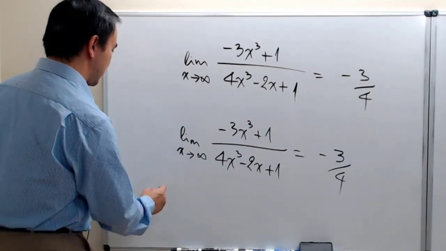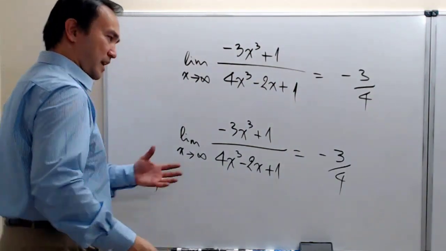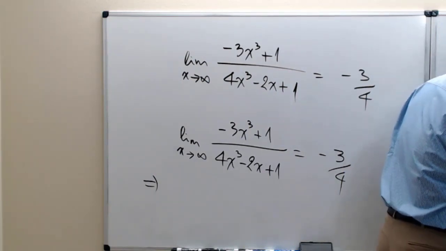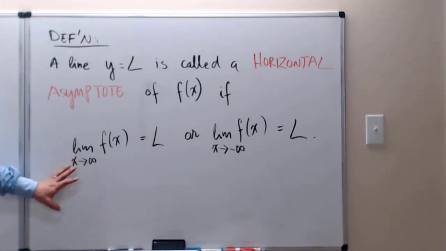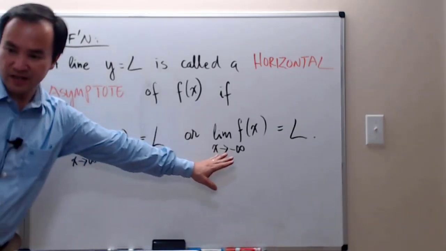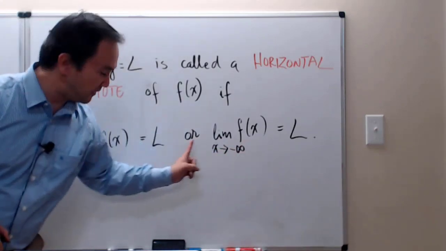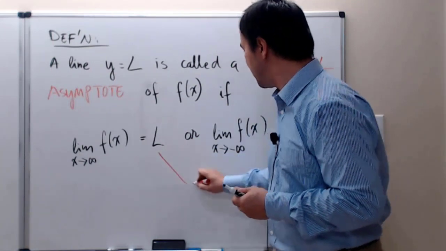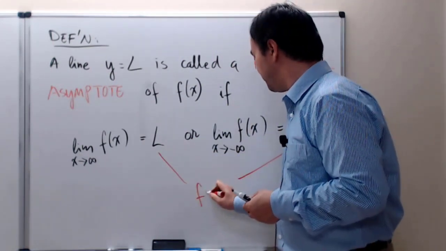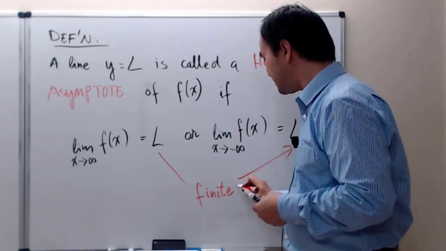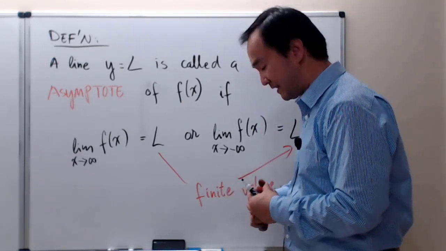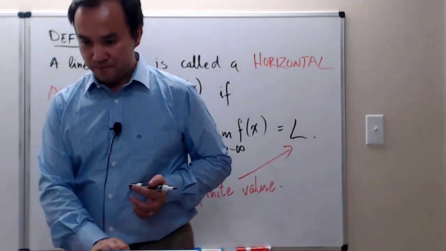That's the reason why, according to the definition for horizontal asymptotes, as long as we meet one of the two requirements, either the right end or the left end going to a finite limit value, and I should have mentioned back in my definition that L is supposed to be a finite value, that's how we can have a horizontal line.